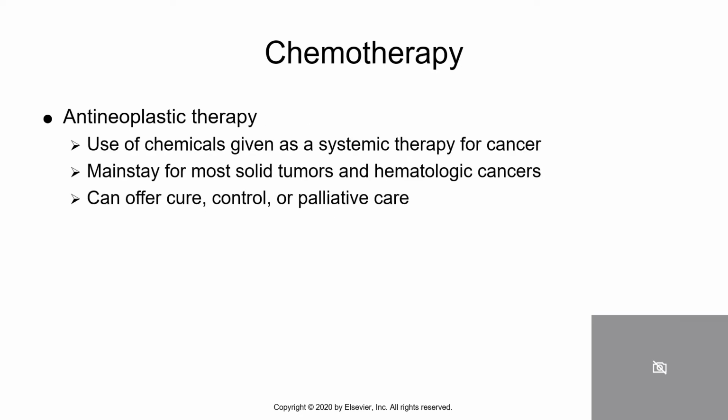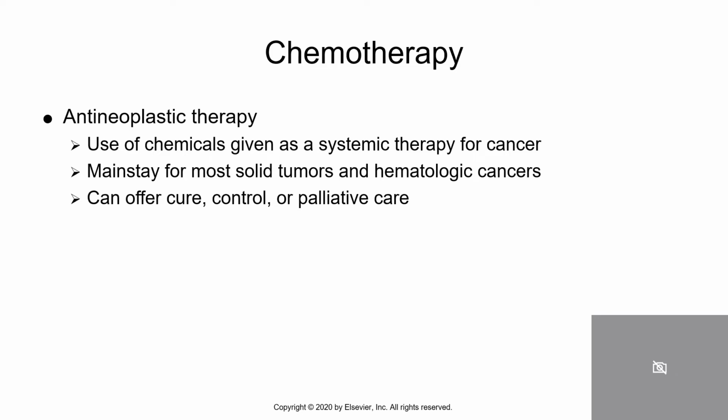The role of chemicals in the use as treatment for cancers actually goes all the way back to the 1940s, and that's when something called nitrogen mustard, which was like an agent used in the war, a chemical agent, was used to treat lymphoma.